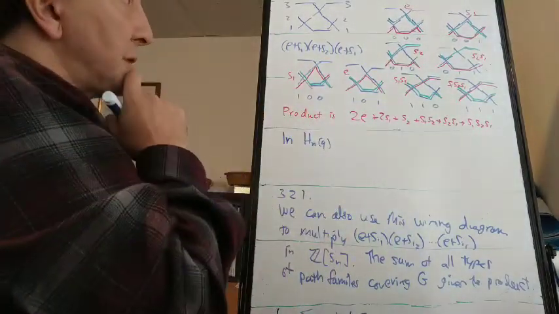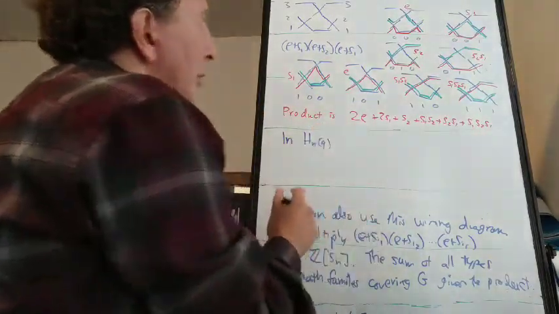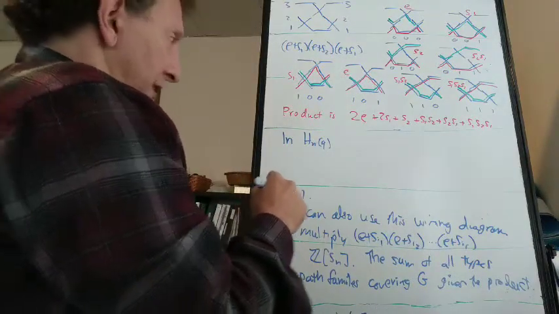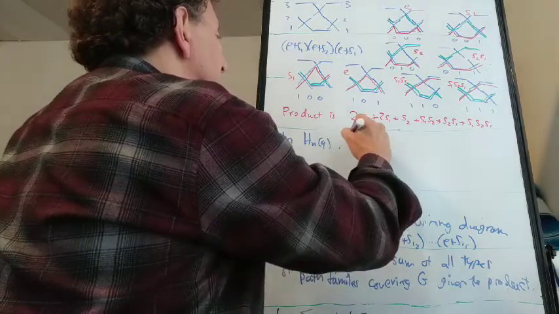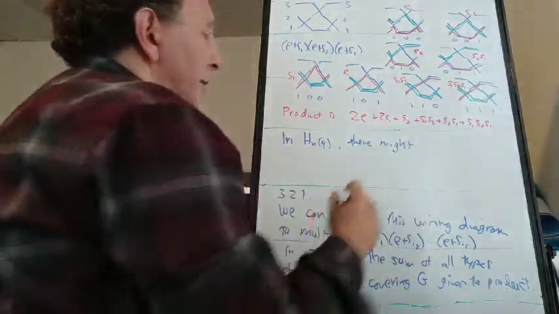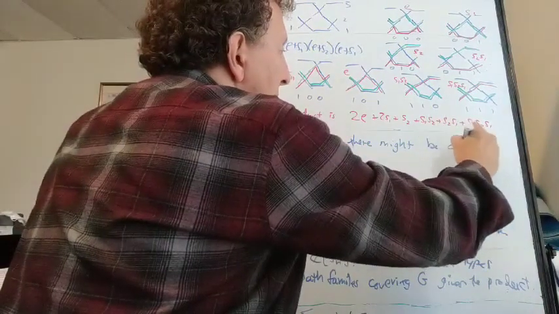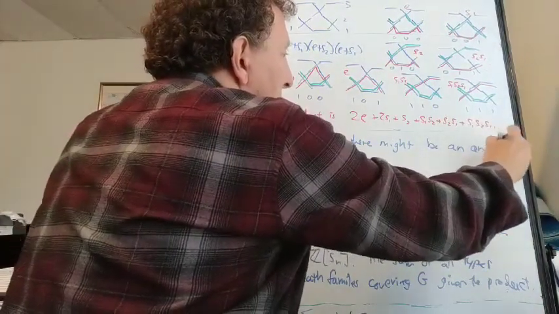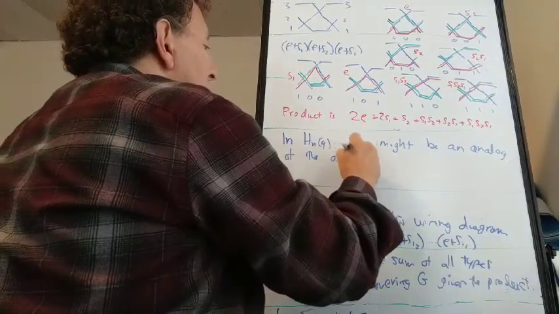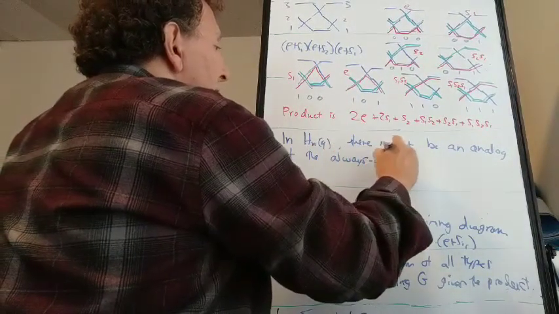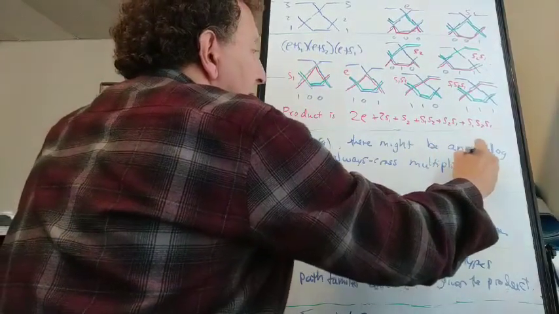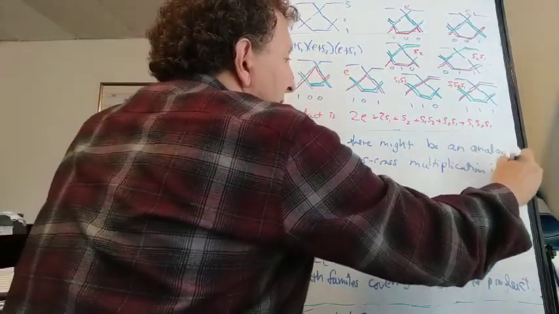Now in the Hecke algebra, I don't know of an analog of the first multiplication. Well, right here there might be an analog of the always-cross multiplication in S_n.